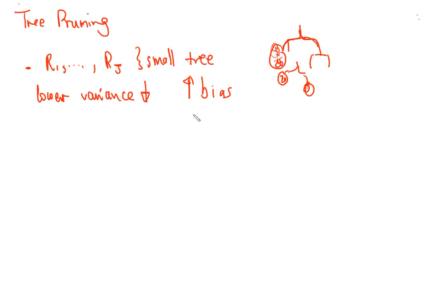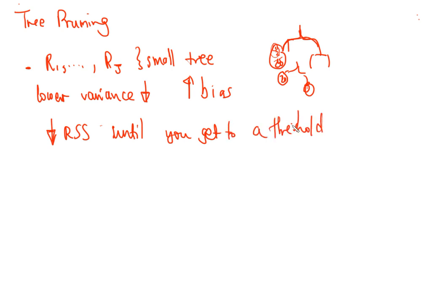Previously we said we can plant the tree and keep reducing the RSS, but we might say keep reducing the RSS until you get to a threshold RSS, and then we say stop. After that, we stop splitting. So this will result in smaller trees, but it's too short-sighted.